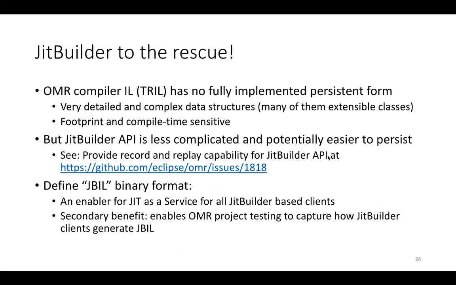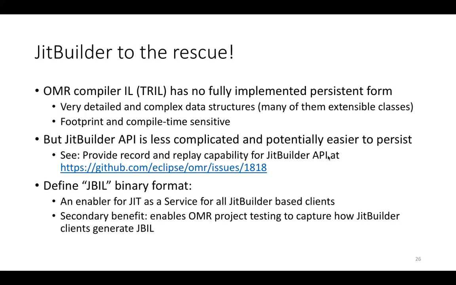However, we have this JitBuilder thing, and its API is significantly less complicated and potentially easier to persist. So I've opened issue 1818 where I talked a little bit about providing a record and replay capability for the JitBuilder API, where the idea is to essentially log the calls that happen to the various objects that JitBuilder works with or that the client creates, and be able to replay that log of events on the server side.